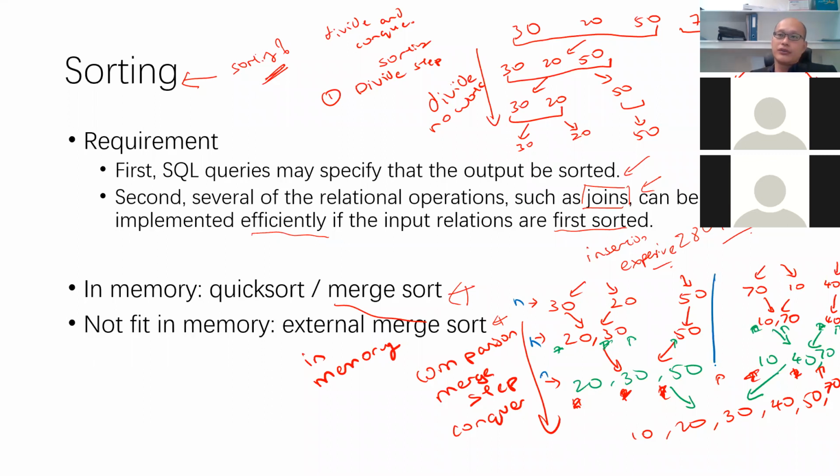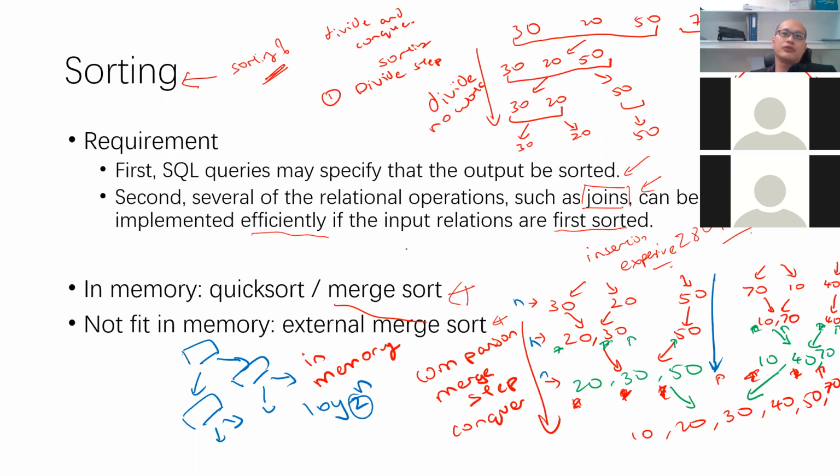The height of this, as we have studied in the B plus tree, if a tree has 2 branches, it will be log n base 2. So this 2 depends on the number of branches we have.